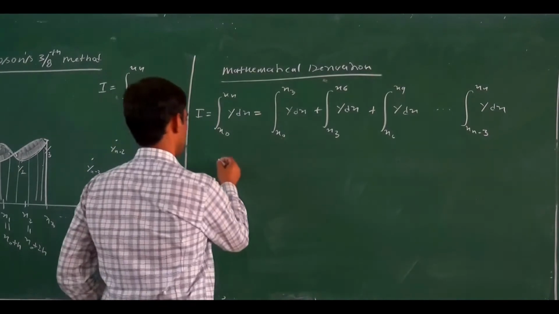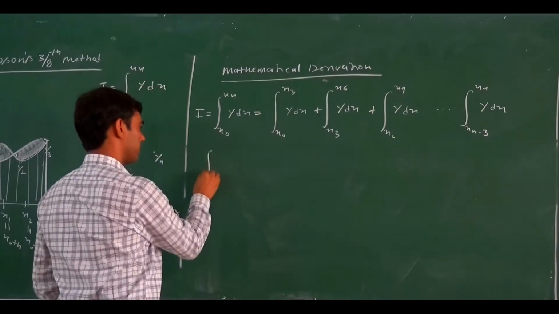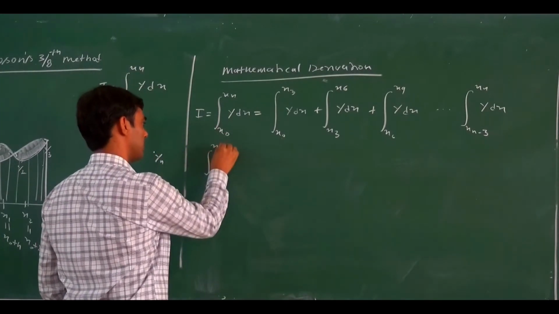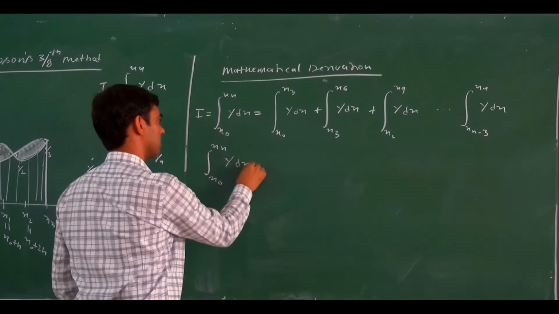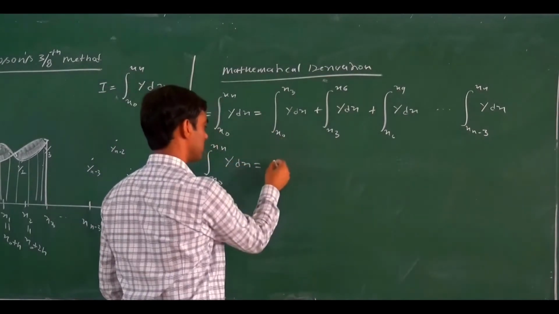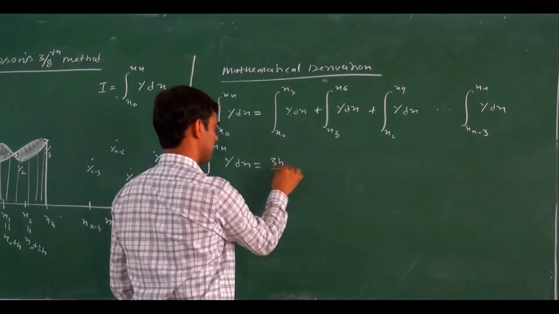So the integral from x0 to xn of y dx equals, what is the value for this one? 3h by 8.